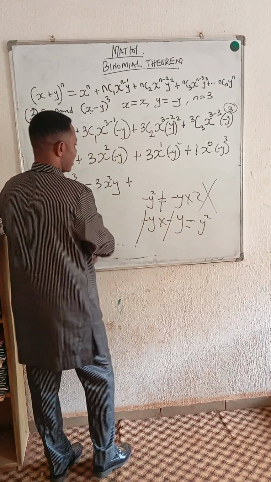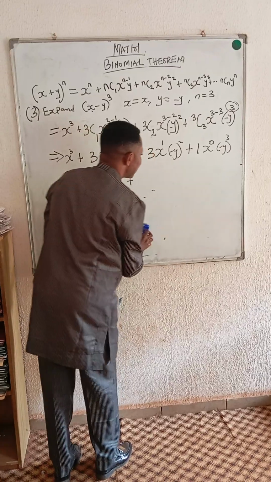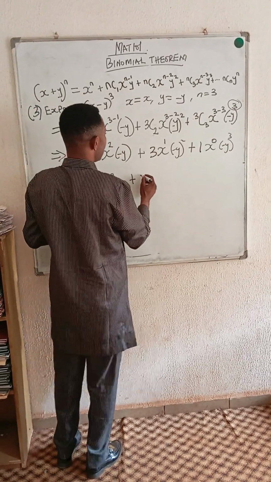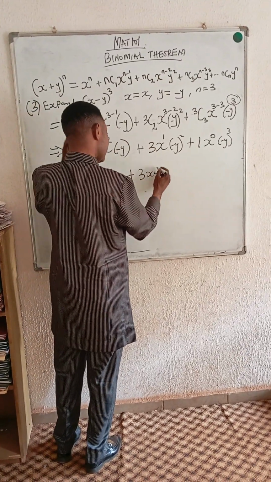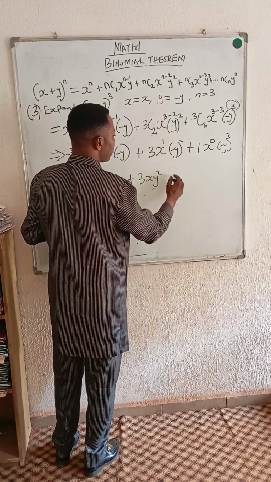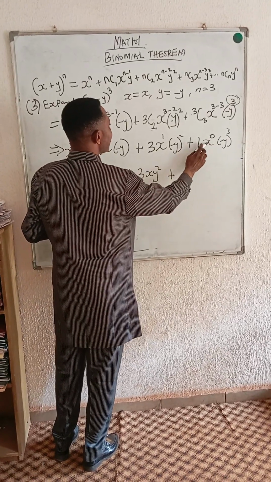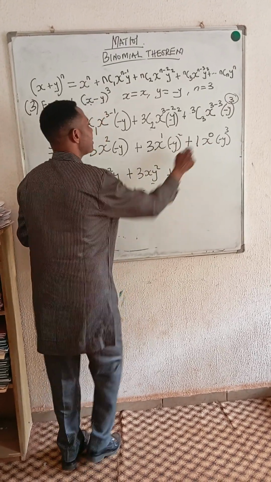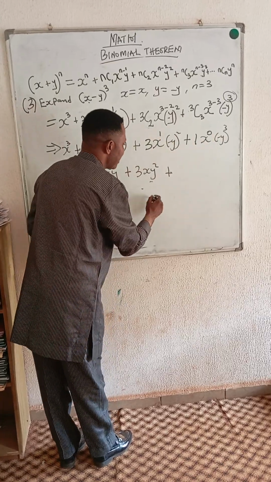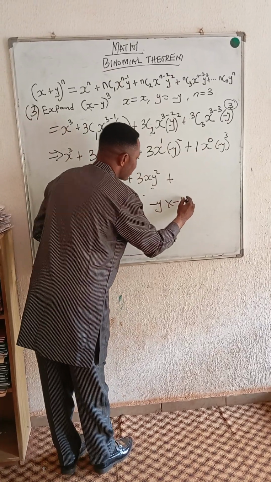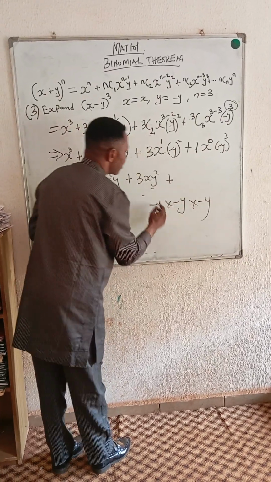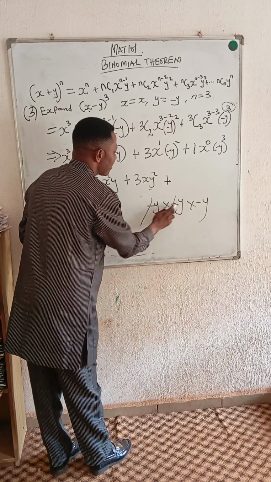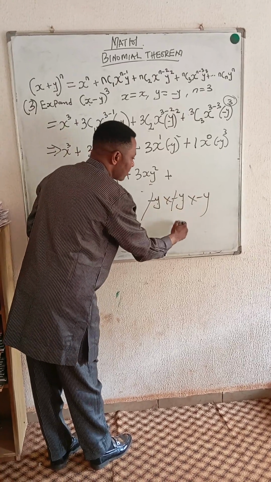So we can therefore boldly write this to be 3x y squared. Then plus, look at it. This one, x power 0 is 1. So 1 times 1 is 1. But this minus y power 3 is like minus y times minus y times minus y. So this minus cancels with this. y times y squared times y power 3.